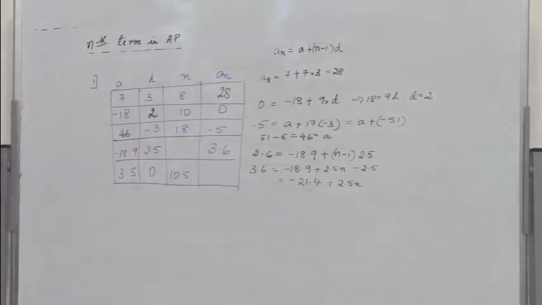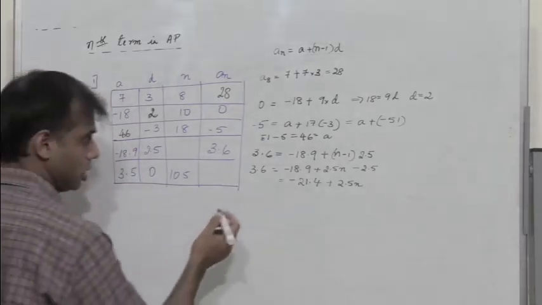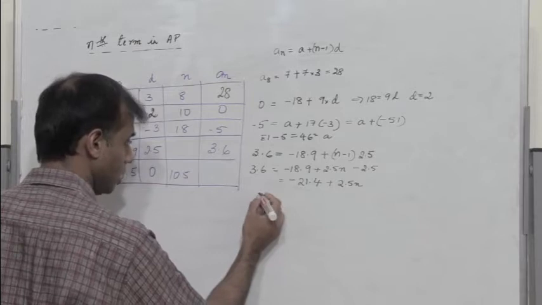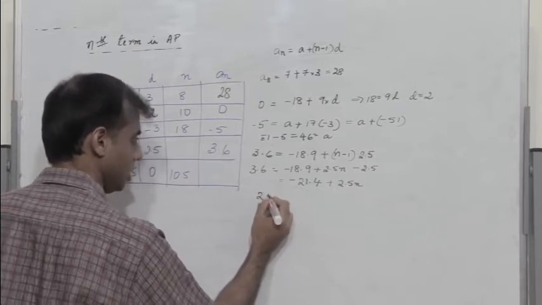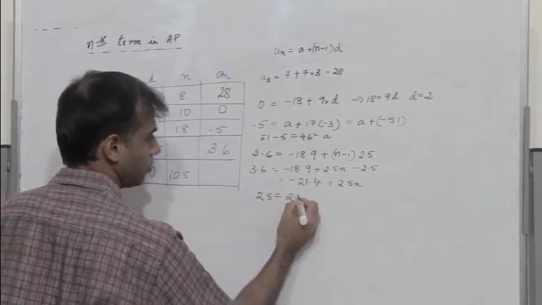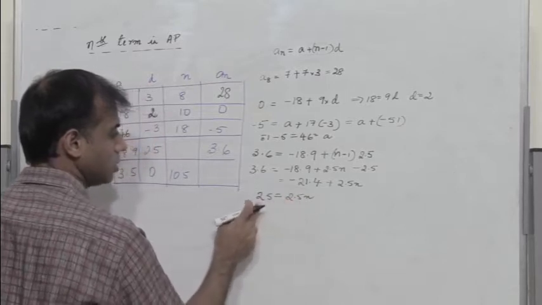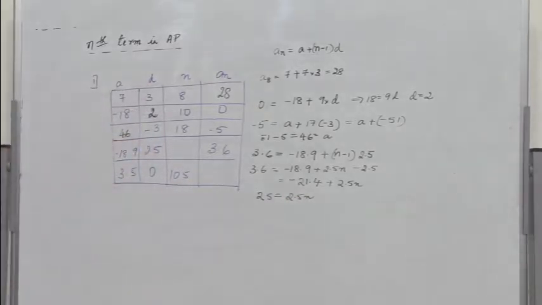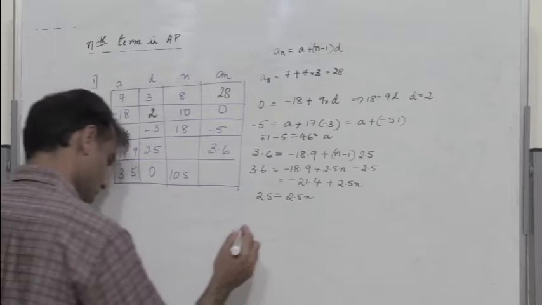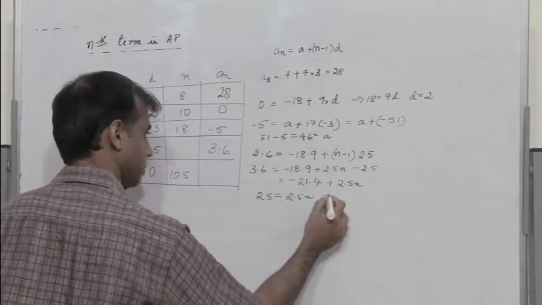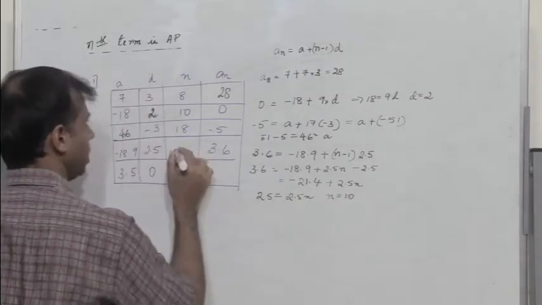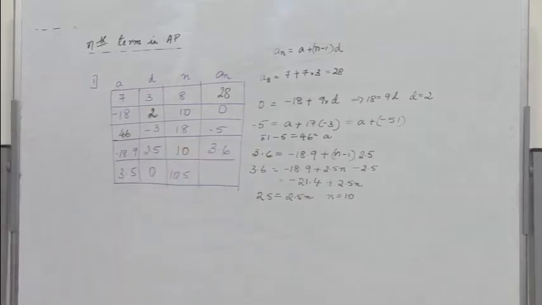So I add 3.6 to this number. So we get 25 equals 2.5 N, or N equals 25 by 2.5, which is exactly equal to 10. So the value of n is 10 here.